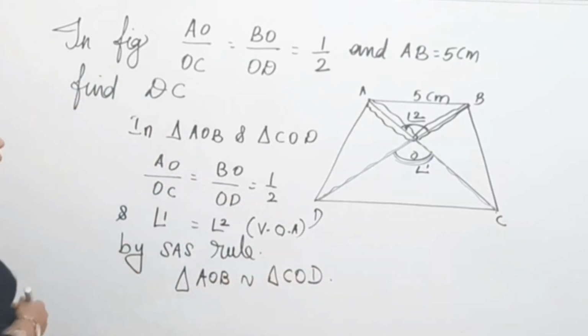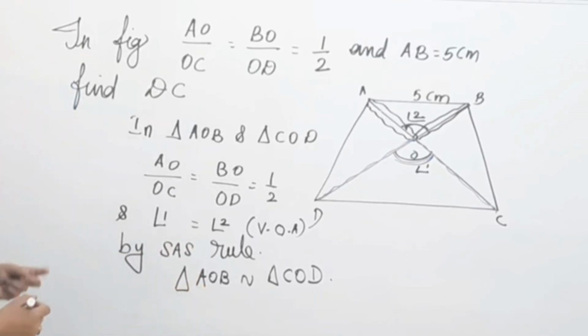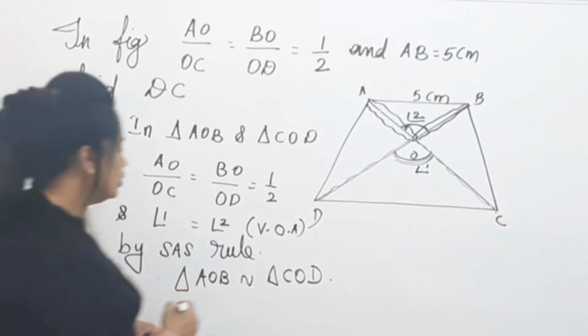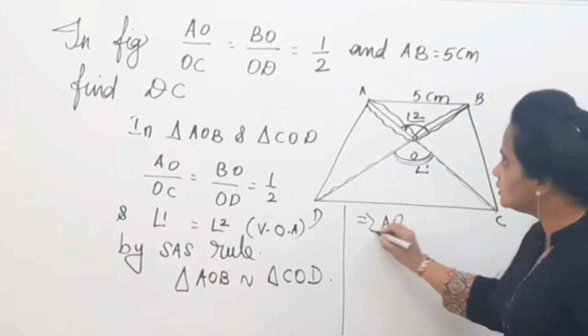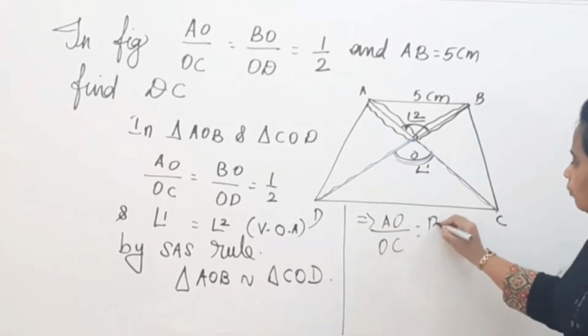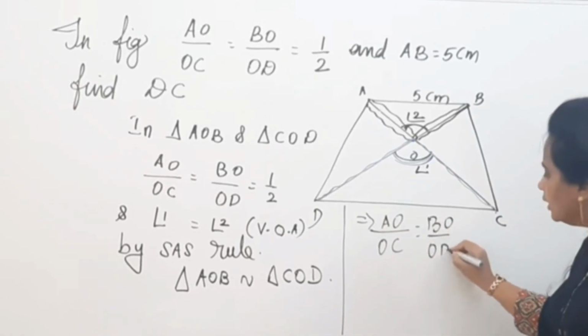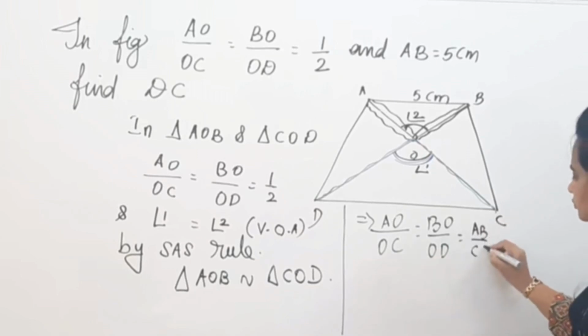So now what happens? I have to find my DC. When my triangles are similar, easily I can write my ratios. That implies AO by OC is equal to BO by OD is equal to AB by CD.